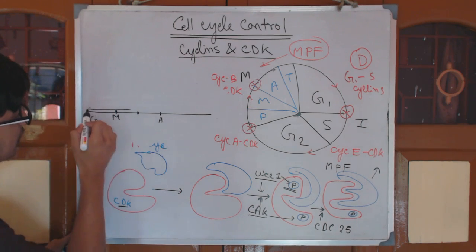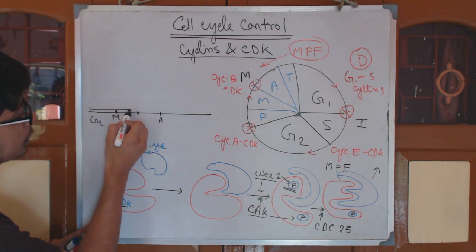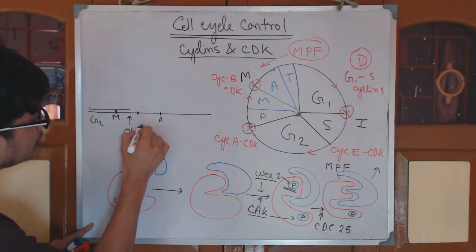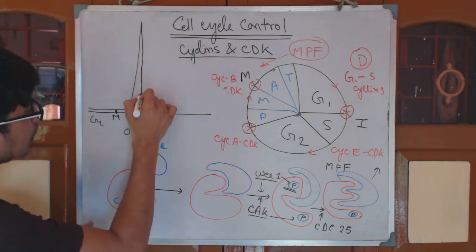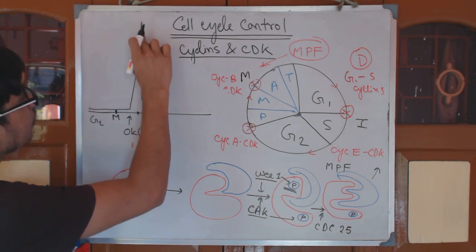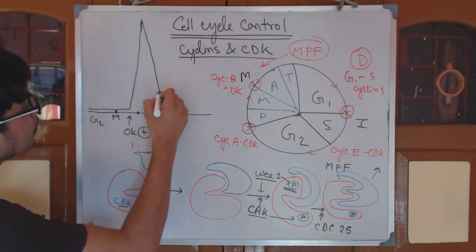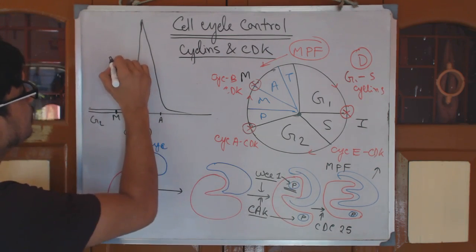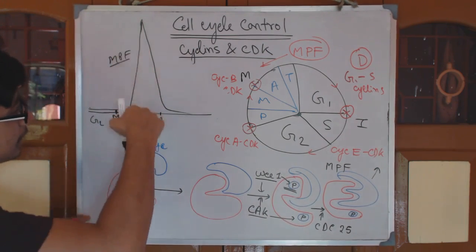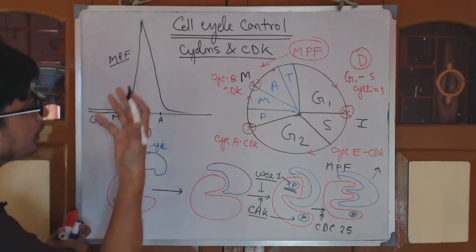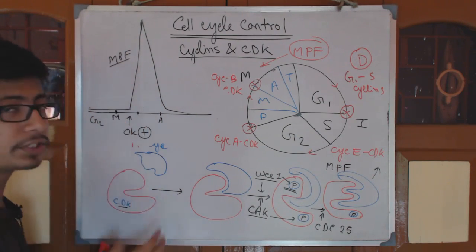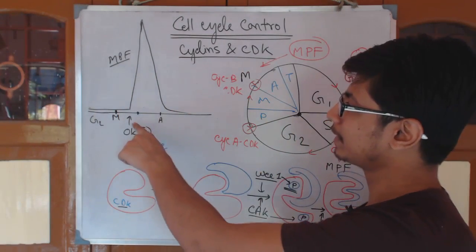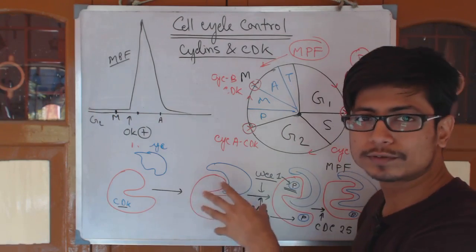Even at the start of M, the concentration is very low. But right after the signal is positive, you will see a very, very sharp peak of this cyclin CDK complex. This is MPF. So looking at this graph, what you can say is that the concentration increases very sharply and rapidly when they get the positive signal, and that is possible due to this dual phosphorylation event.